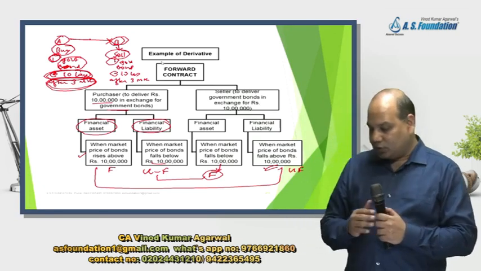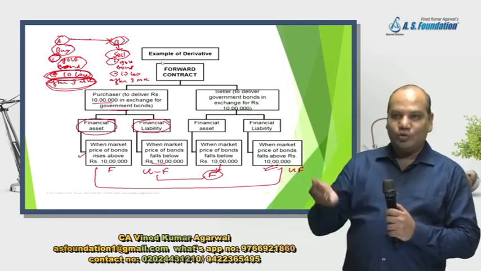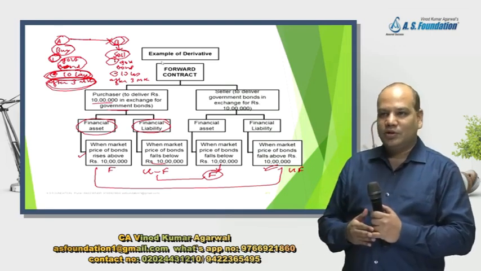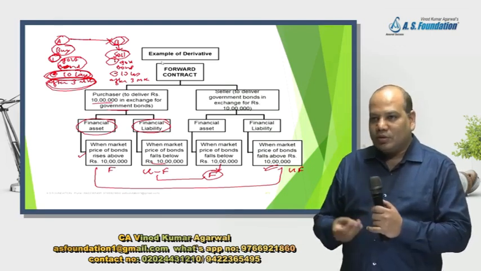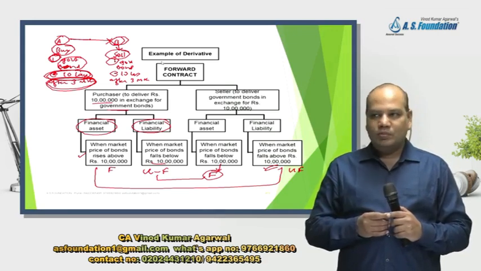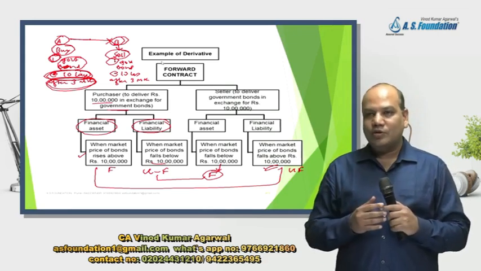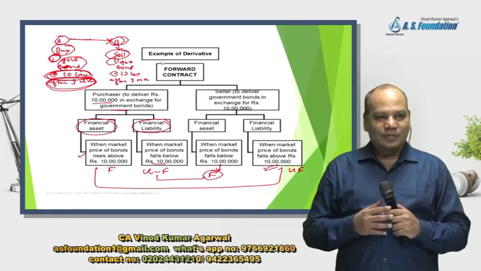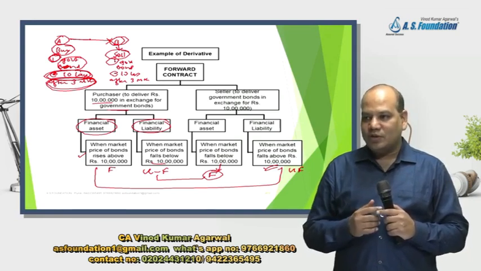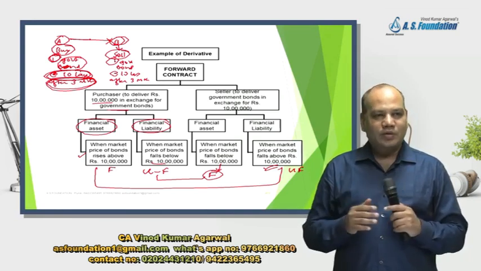Suppose after 3 months, the bond value goes to 12 lakh rupees. So A will go to B, Mr. B, hello, give me one bond, take your 10 lakh rupees. But B is not available at his home. The message was on the answering machine.